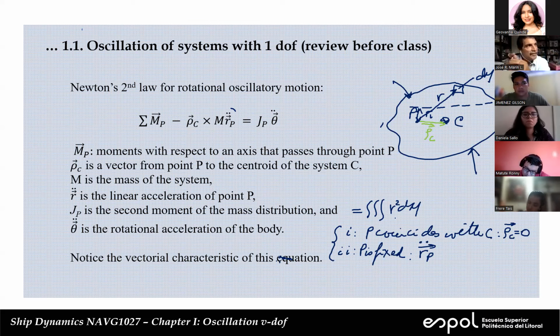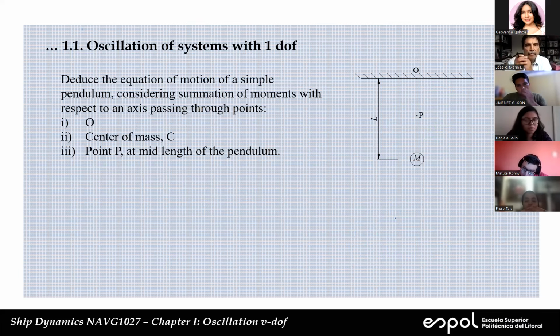So rho C is not going to be 0. Now the midship is moving, so R sub P is not 0. So we have to include the three terms. It's not that complex, but we have to be sure that you can apply these situations. So let's go on.